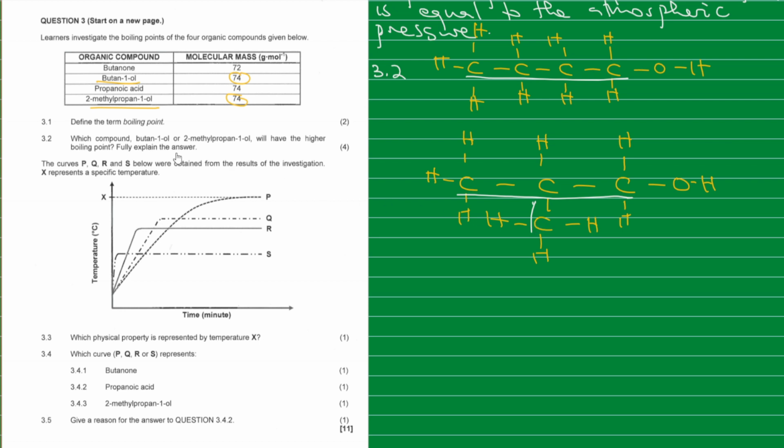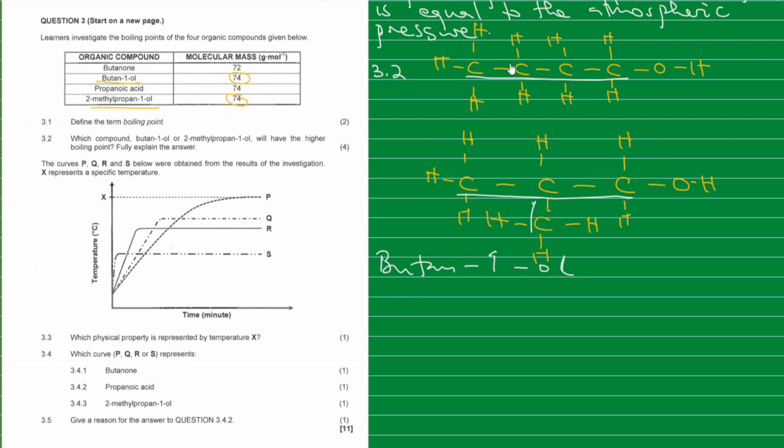So now what are we going to write here? We would say the one that has a higher boiling point is butanol. So our answer should be butan-1-ol.